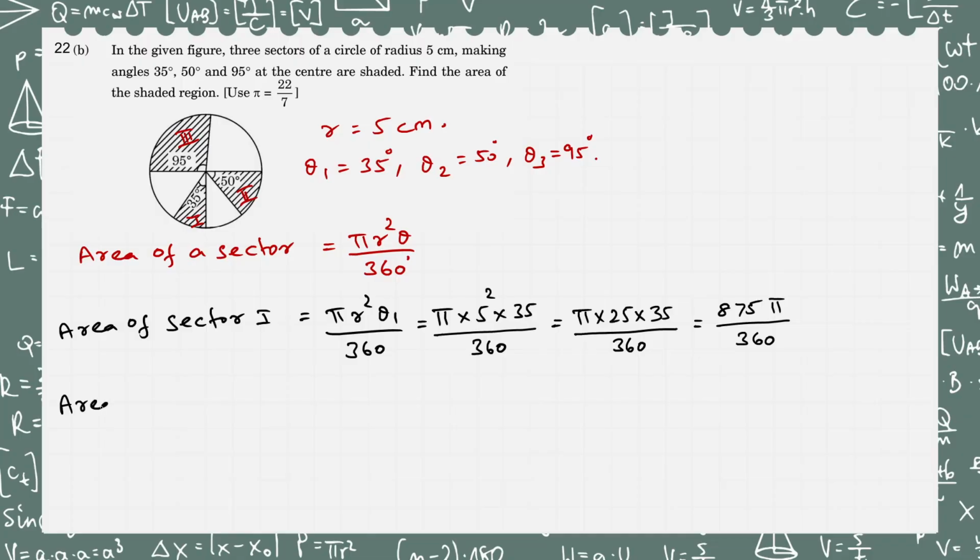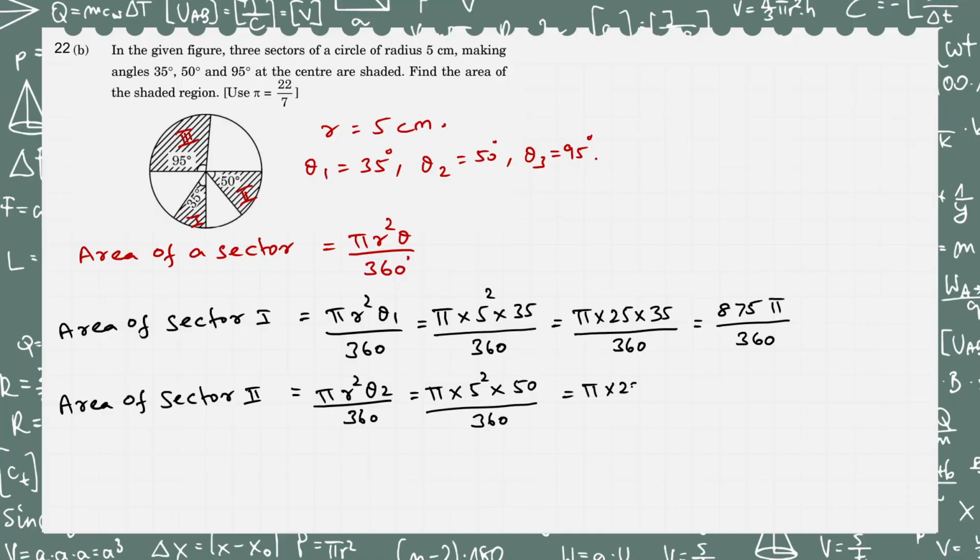And area of sector number 2 is equal to pi r square theta 2 divided by 360, which is equal to pi into 5 square into 50 divided by 360. This is pi into 25 into 50 divided by 360 and that will be equal to 1250 pi divided by 360.